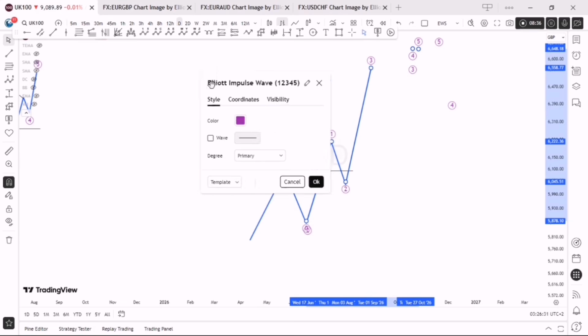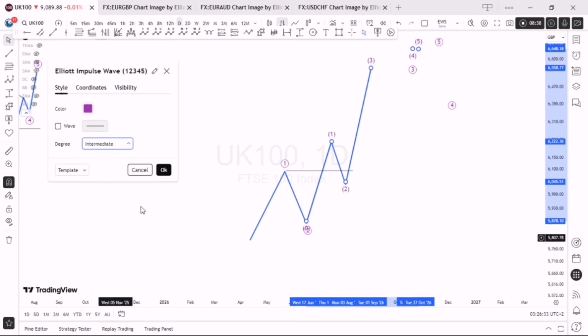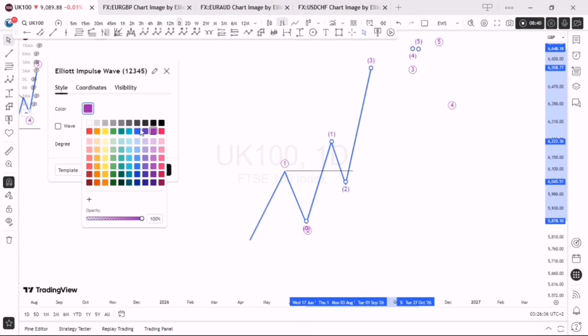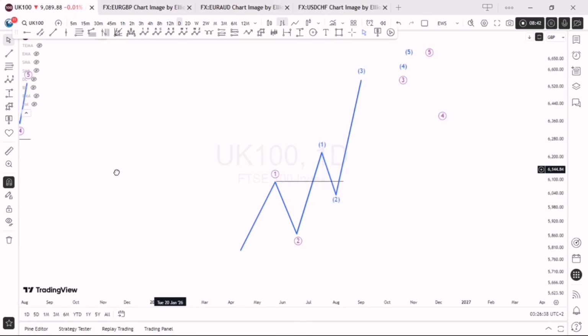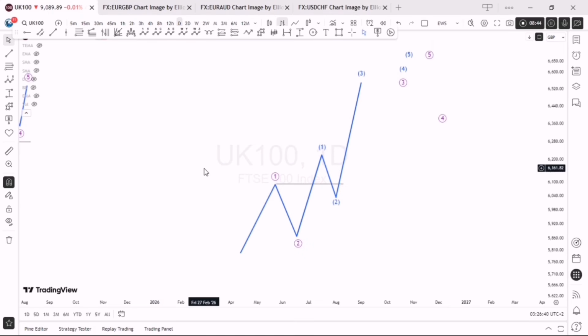Now let me give you a hint on something that Jeffrey Kennedy has been teaching for years. Let's say you have a zigzag here, let me just throw a zigzag for you here. You see a zigzag here, and let's say you see a move like this with an overlap of what may be wave 4, and then you also have a zigzag.